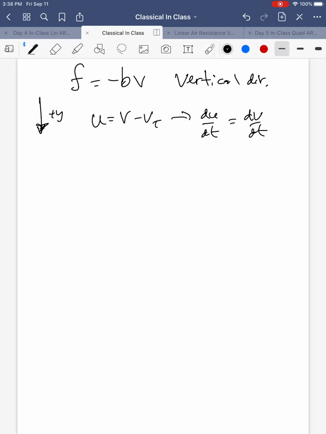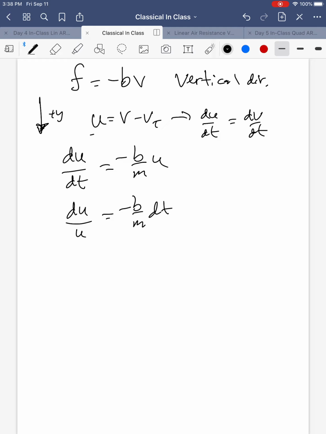And so our differential equation that we wrote down from applying Newton's second law to the situation can be rewritten in terms of u as du/dt equals minus b over m times u. Right? And so then we're going to use our separation of variables trick to get the same variables on the same side. So I have du over u.